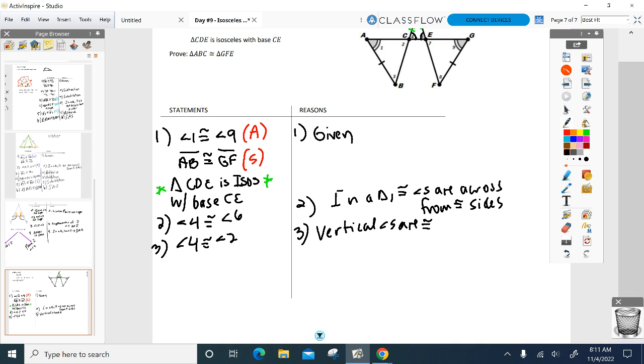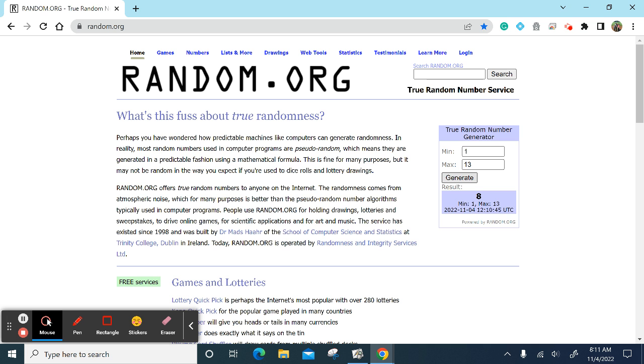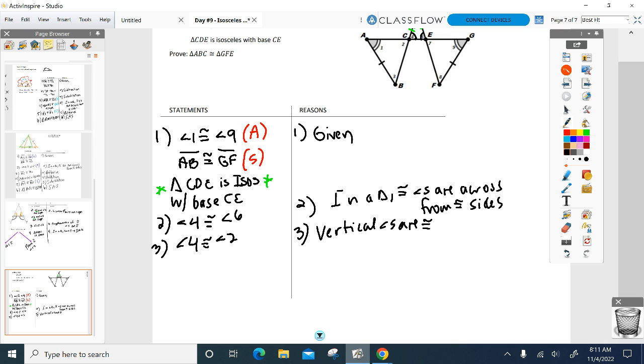Look at what I just wrote right now. Look at the last 2 steps that are on your paper. 4 and 6 are equal. 4 and 2 are equal. Got 2 other angles that have to be equal now that you can't see on the diagram? 4 and 6, 4 and 2, so what does this tell me? 4 and 6, right? And 4 and 2. Then 2 and 6.